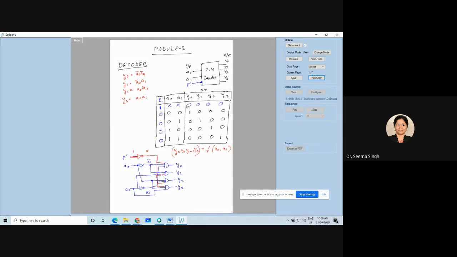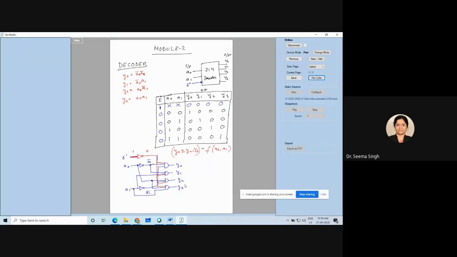Whether A0 and A1 is 1, 0, whatever, it does not matter. It becomes a don't care. So this is the case when enable is not enabling your 2:4 decoder to work.